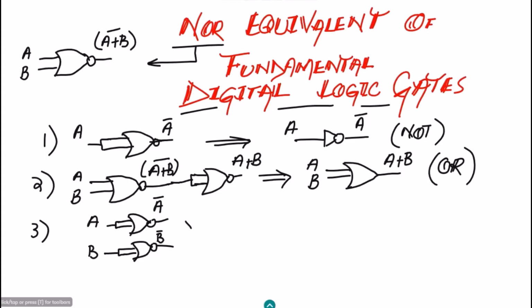The same is applied to the third gate, which is a NOR gate and which has two inputs. At the output of it, I will get (A complement plus B complement) whole complement.